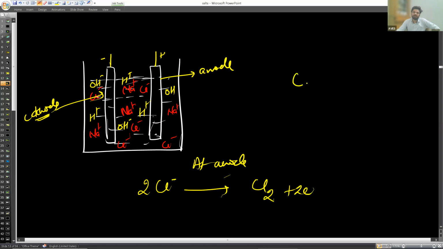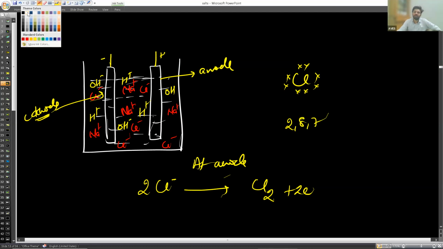Chlorine, with atomic number 17, has 2, 8, 7 electrons, 7 in its outermost shell. When it gains an extra electron, it acquires a minus charge and now has the 2, 8, 8 electronic configuration.